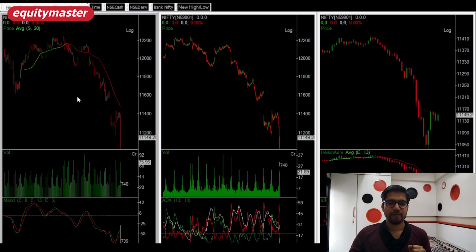Today we will also see what kind of indicators could be used. Before I go into these indicators, I would like to say that there is no right or wrong way to use specific indicators. It is absolutely dependent on the trader's choice.